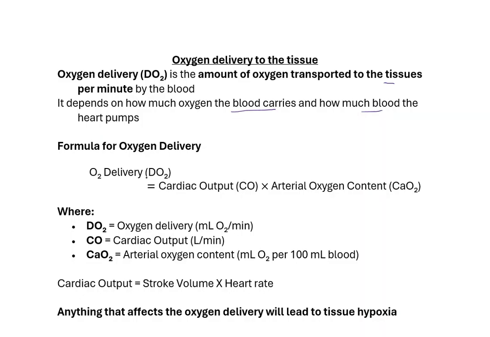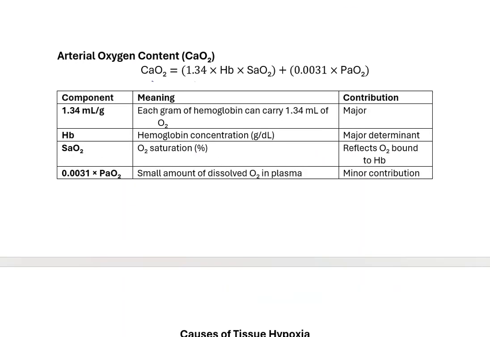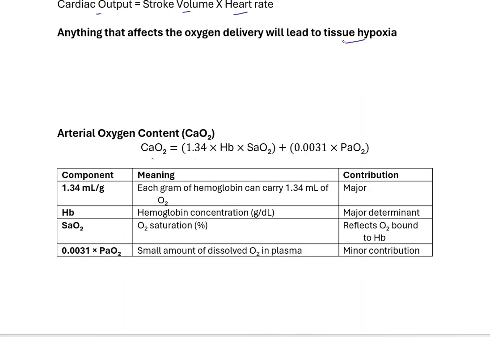So the formula for oxygen delivery, like we said, is the cardiac output multiplied by arterial oxygen content, right? And cardiac output, if you remember, is stroke volume multiplied by heart rate. And anything that affects the oxygen delivery to the tissue will lead to tissue hypoxia.